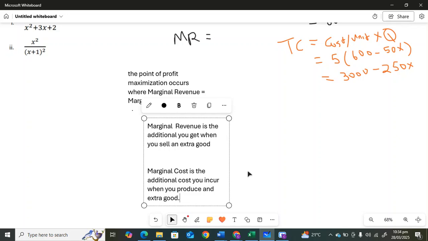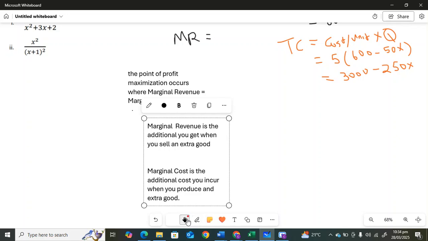Now, mathematically, the marginal revenue is the first derivative of the total revenue, and the marginal cost is the first derivative of the total cost.